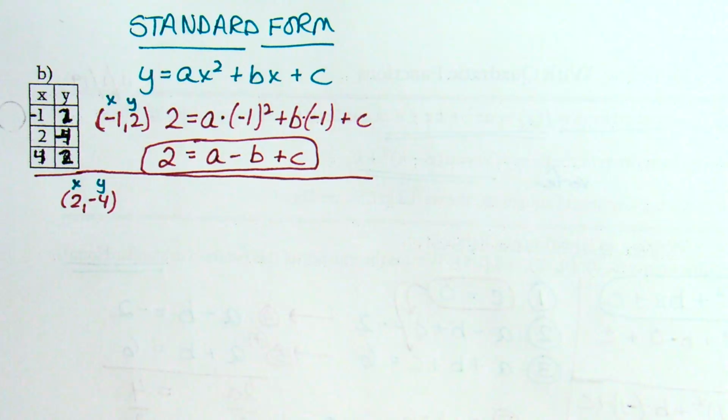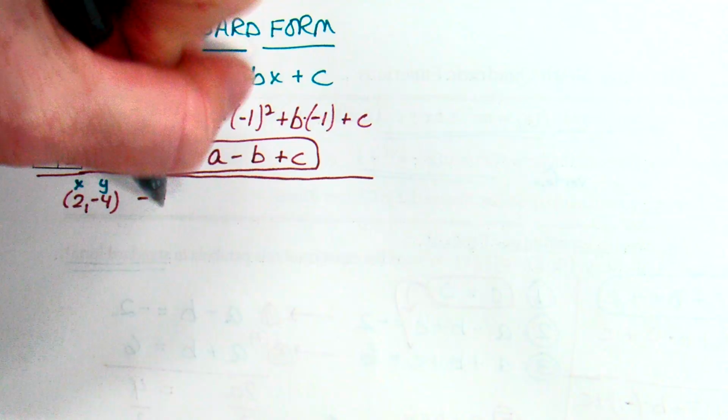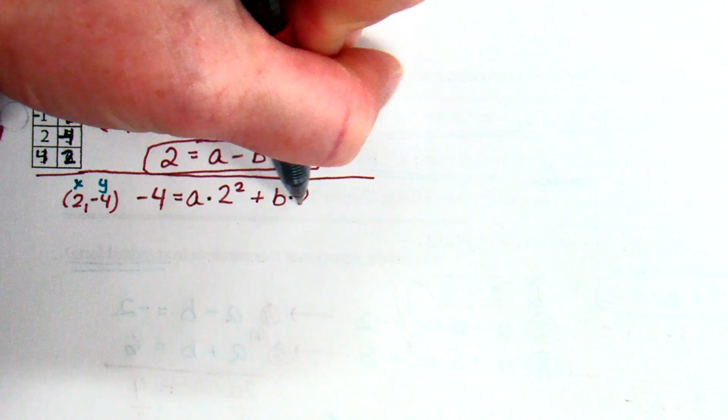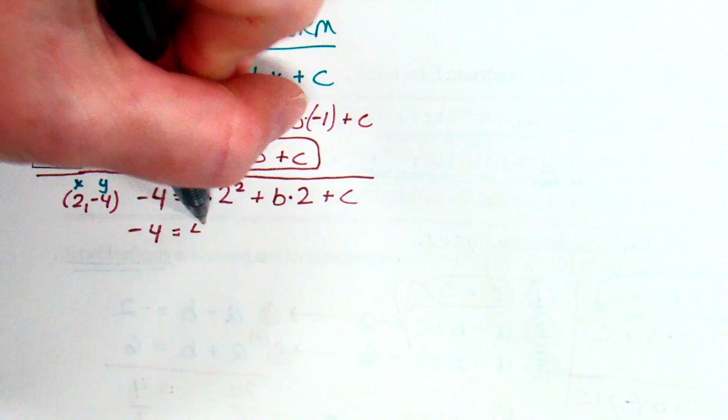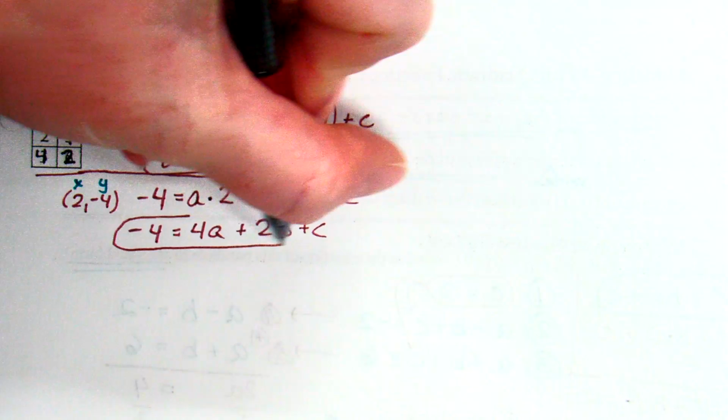Y equals -4 equals A times X squared, so A times 2 squared plus BX, so plus B times 2 plus C. So really the Y value is not used at all. The Y value is only used on the equal sign by itself. So -4 equals, what do we have here? 4A plus 2B plus C. To be true.